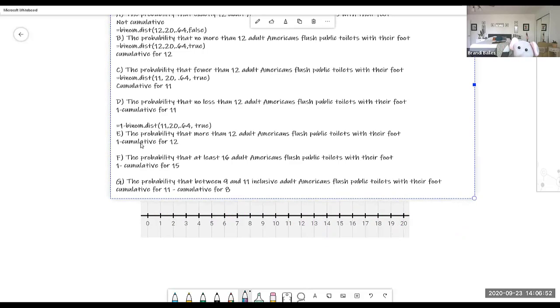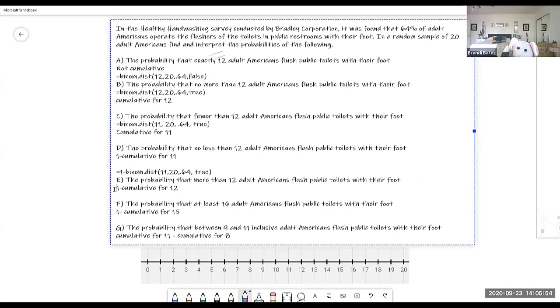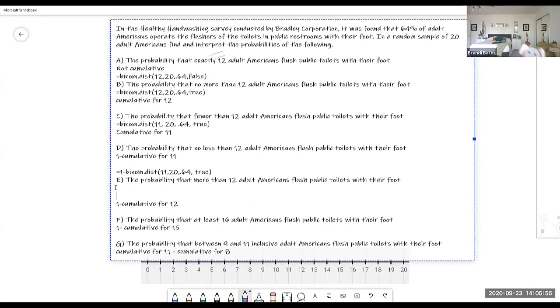So just like before, I want more than 12, so I want to subtract away 12, 11, 10, 9, 8, 7, 6, 5, 4, 3, 2, 1. All of those probabilities added up, subtracted from 1, will give us the probabilities that we wanted on the right-hand side.